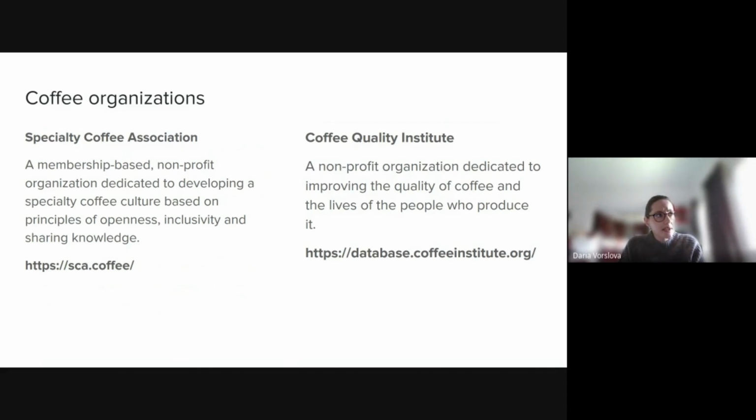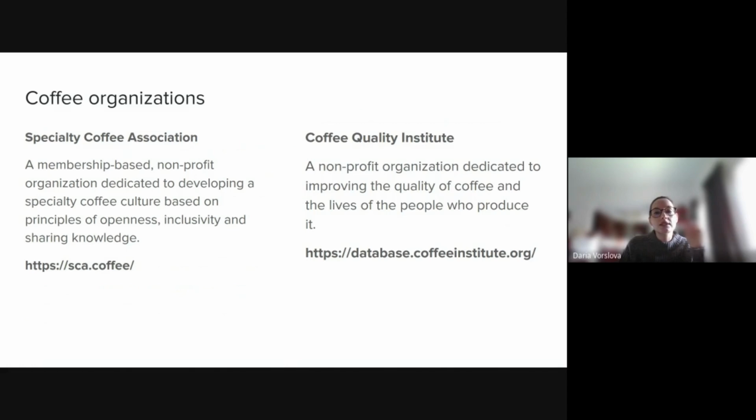So back then we actually had two coffee associations: the Specialty Coffee Association of America and the Specialty Coffee Association of Europe. The Association of America was created, if I'm not mistaken, in 1982. In Europe, a bit later, in 1999, after the standard was developed. Actually, the standard was developed somewhere in between.